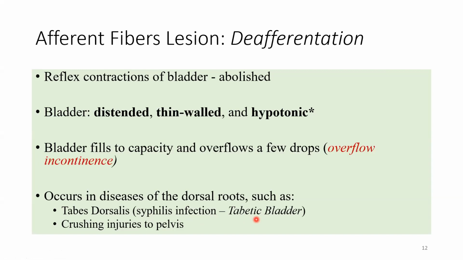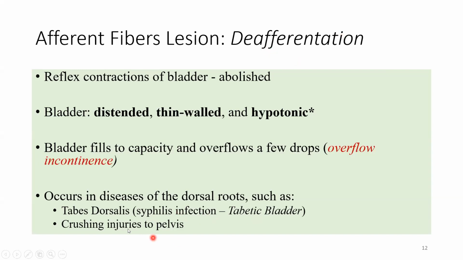There are some infective diseases, syphilis being the most famous one, which affect the dorsal roots primarily. Hence it messes up the sensory afferents of the bladder, along with a plethora of other issues. But since we are discussing the bladder, the bladder gets deafferented.